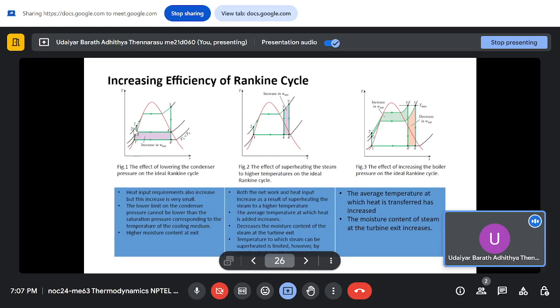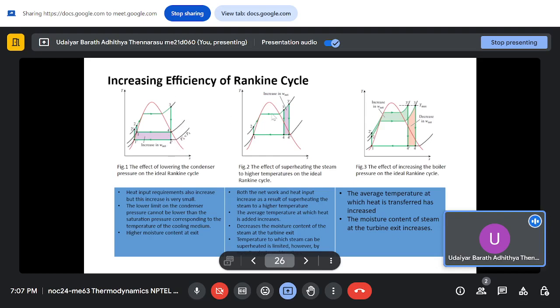So 2 to 2 dash is the additional heat which you need to supply. And what this does is that at the exit of the turbine you will have more liquid. So that is one of the disadvantages. Even though you are getting more work done, your efficiency increases, and there is a slight increase in heat added, but your dryness fraction is less at the exit of the turbine.